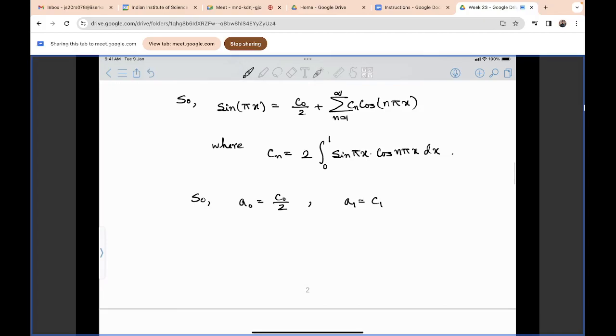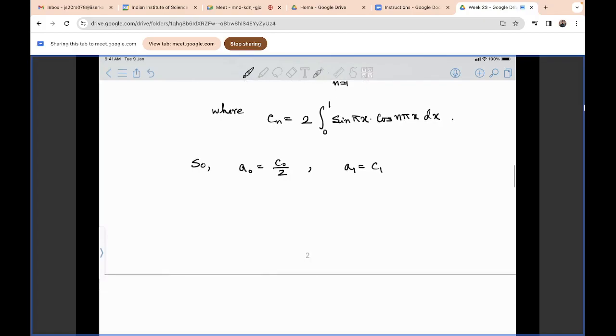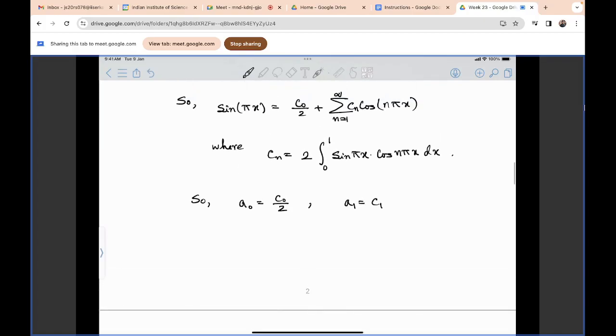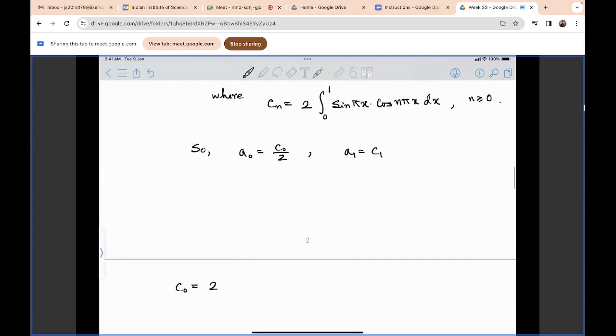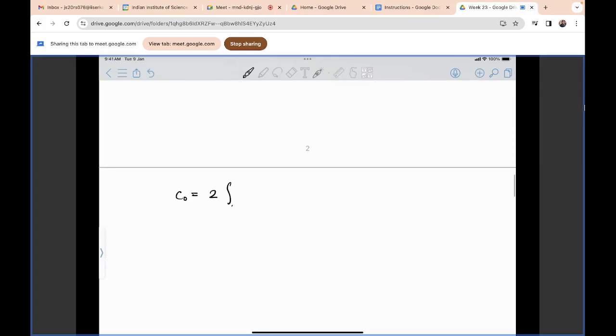So c0 is given by this formula, with n equals 0. This is for all n bigger than 0. So what will be c0? c0 will be 2 times integration 0 to 1 sin pi x dx.